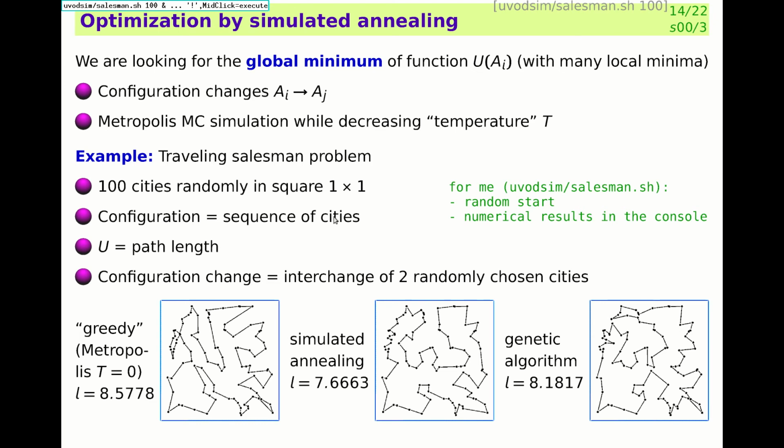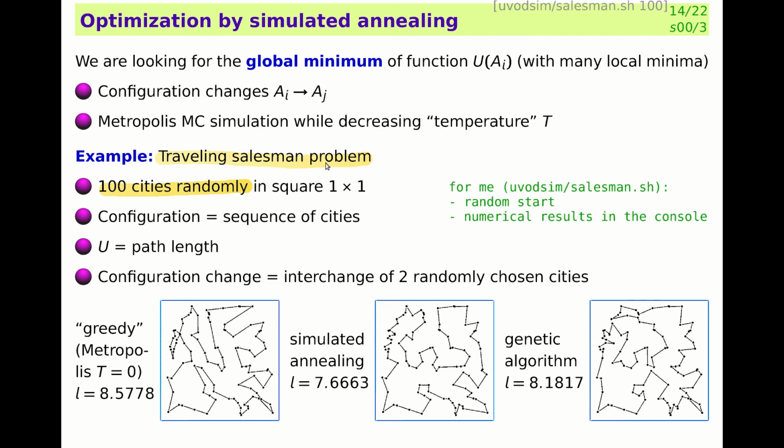A school example of such optimization problem is a so-called traveling salesman problem. It is a man that needs to go through a certain number of cities, let us say 100 cities, to visit every city once, or at least once, and for simplicity to go back to the original city.